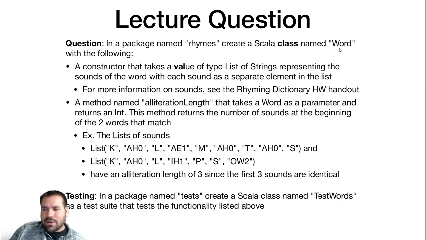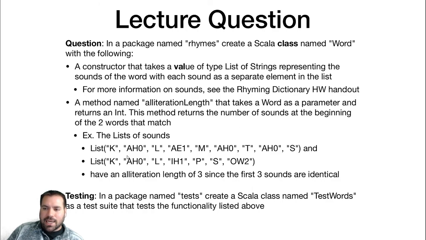So the class of type word has a method that takes as a parameter another instance, another object of type word. That's why I did that item example at the end of lecture. We wrote a method in the item class that actually takes another item, an object of type item. So this is a word accepting another word, not strings. But they do each have a list of strings that you can access to get their sounds.